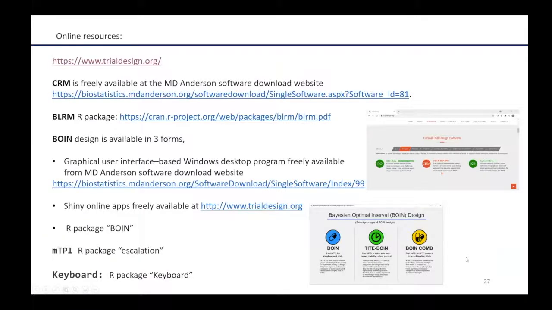So if you want, you can play around with those together with some publications, which will help you to actually understand, then use those tools to design your studies. For the CRM, this is based on a logistic regression model and has an R package. BOIN, as we showed here, has a Windows-based user interface, online Shiny apps, and also an R package. mTPI and keyboard both have R packages, so you don't have to write your own simulation or design.